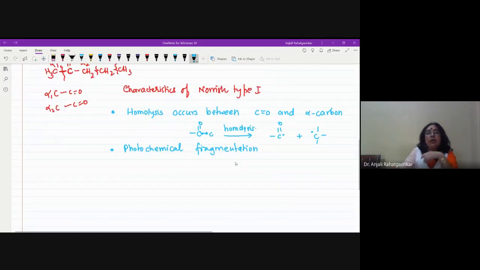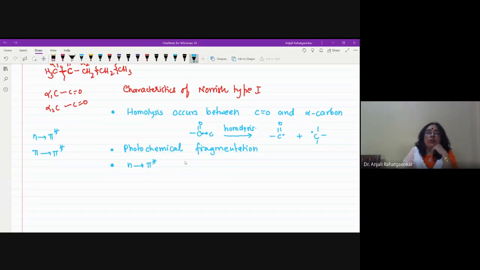And the third important point is, to induce this, what type of transition is effective? There are two types of transitions: the n-pi transition and the pi-pi transition. Here, the n-pi transition brings about the photochemical change.